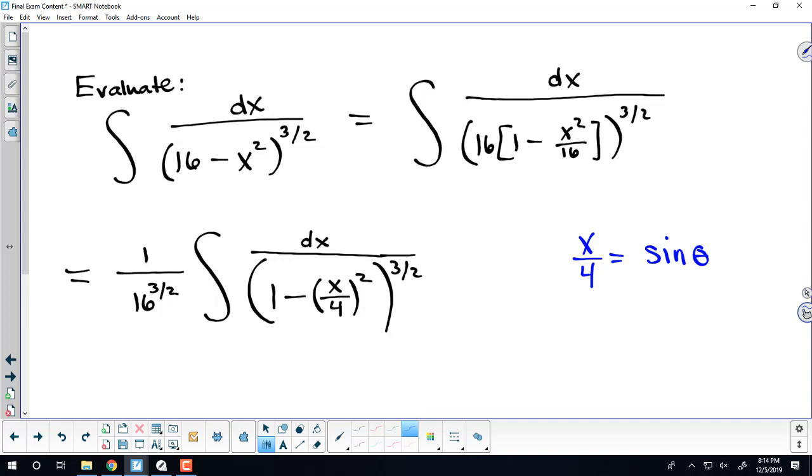And we've got to account for the differential. So we've got to take the derivative of x with respect to theta, which is 4 cosine theta d theta.